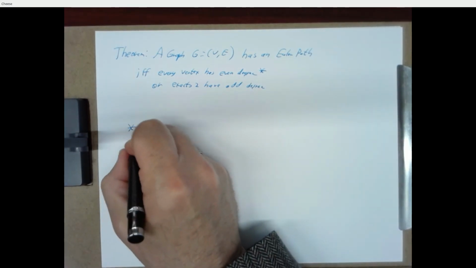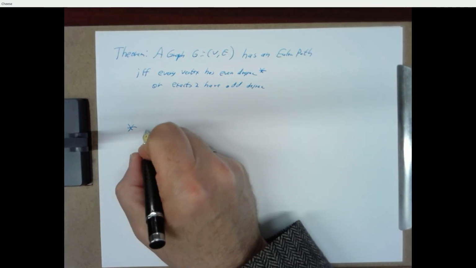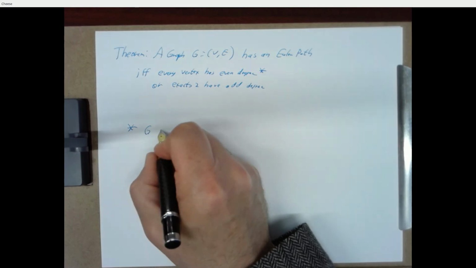And if every vertex has an even degree, then G has an Euler circuit.